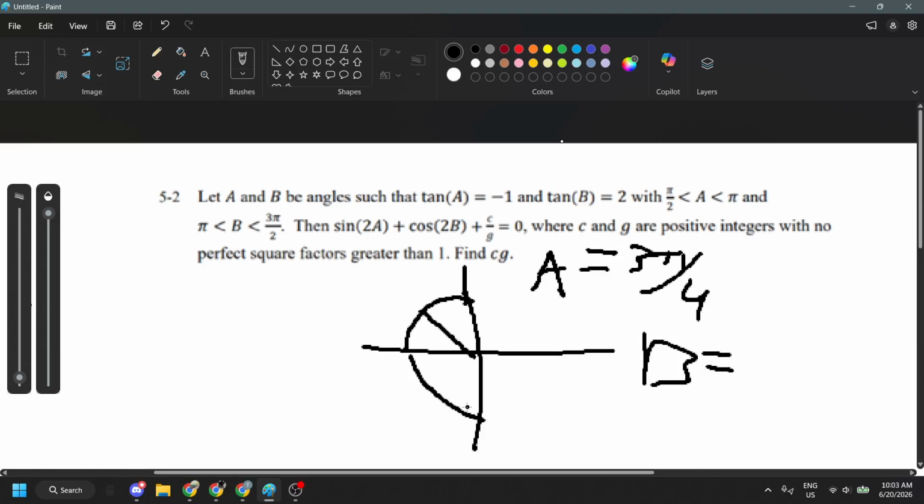Oh, because they're both negative. So we have 1/2 and root 3 over 2. No. We have root 2 over 2 and root 2 over 2. No. When does tangent equal 2? Not sure.